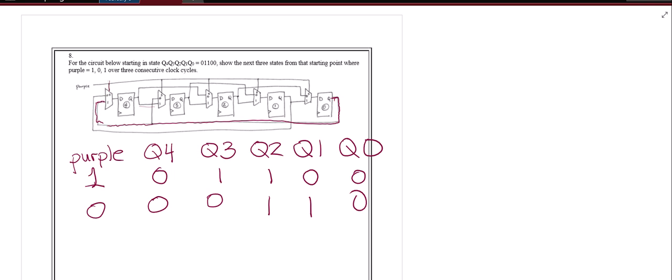But now we look at Q4, and now it has 0 for the select, so it'll be whatever's coming into the 0, and whatever's coming into the 0 is Q1, which was 1. And the 0 for Q3 is Q0, which was 0.